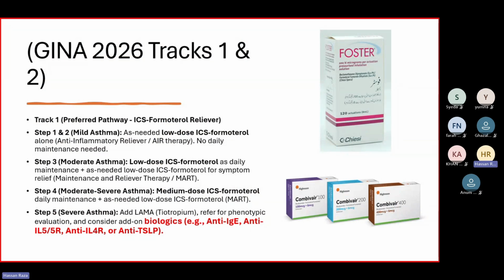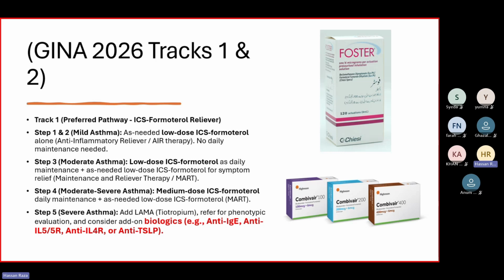So what the GINA guidelines tell us is, if a patient has mild asthma, prescribe a low-dose ICS-formoterol combination. As I have told you in previous slides, even if a patient has mild asthma, these guidelines now ask us to initiate inhaled corticosteroids as well.